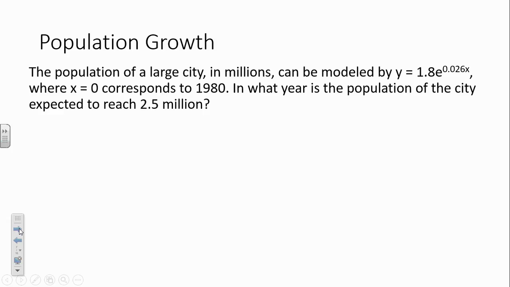So where does our 2.5 million go in? X equals 0 is 1980. That's our time, right? So we're trying to find our time, what year, when it's supposed to reach 2.5 million. So the 2.5 million is your y.